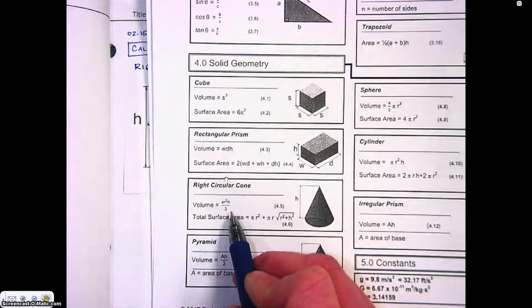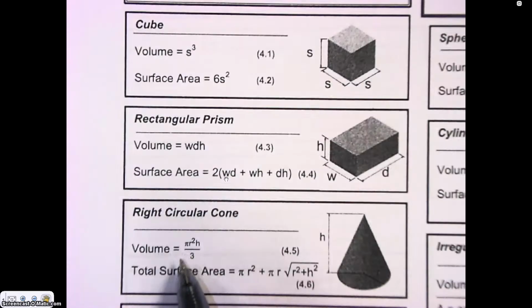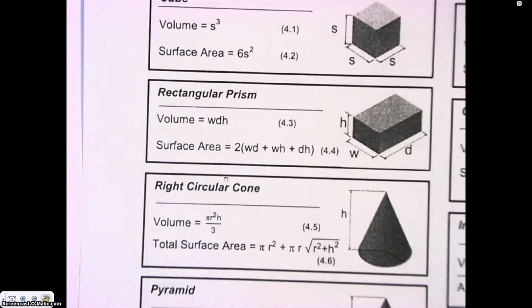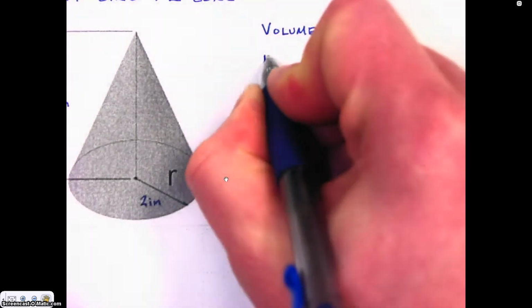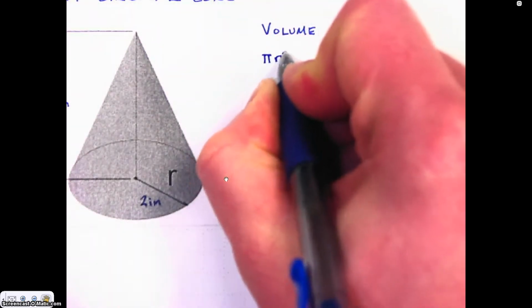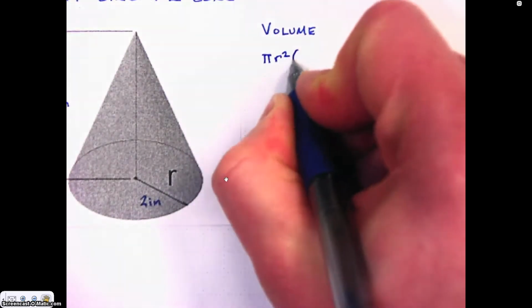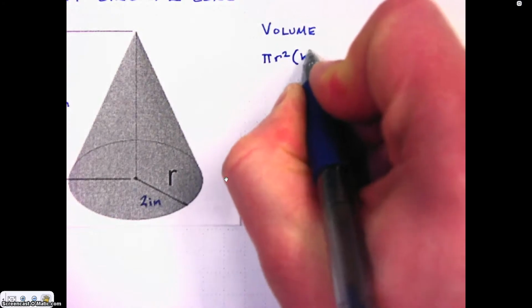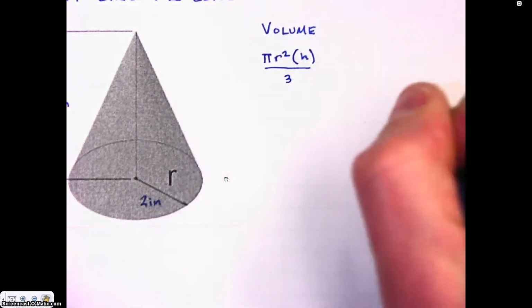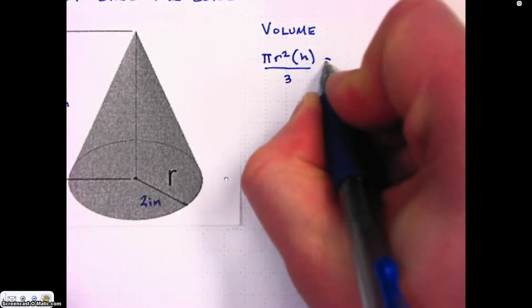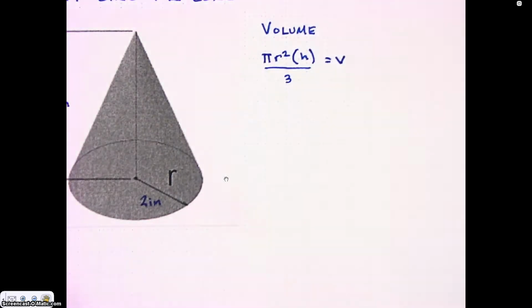The formula is pi r squared times the height divided by 3. And so I'll go ahead and write my formula. So this formula right here is equal to the volume. All right? So I'll use V as volume.